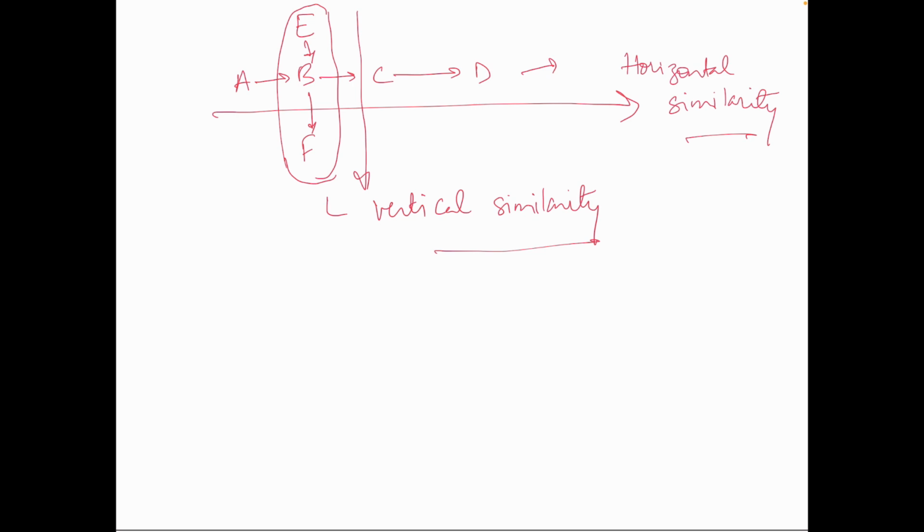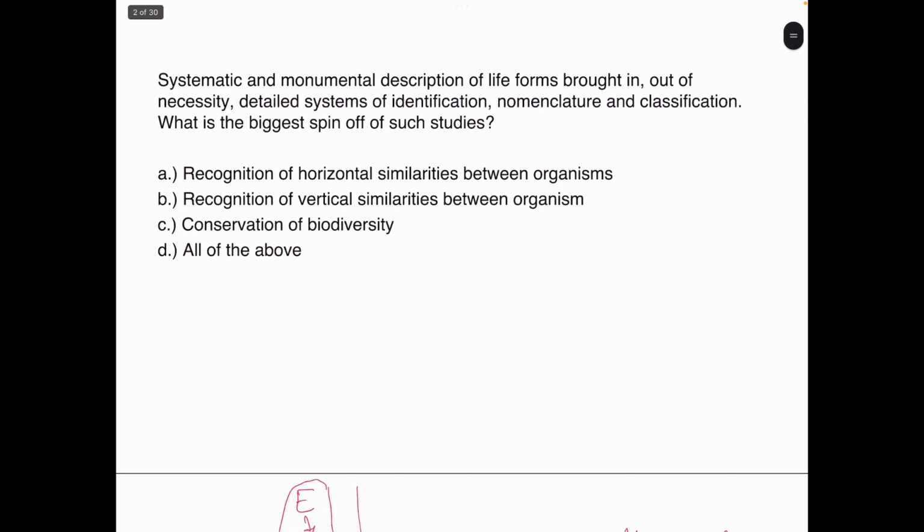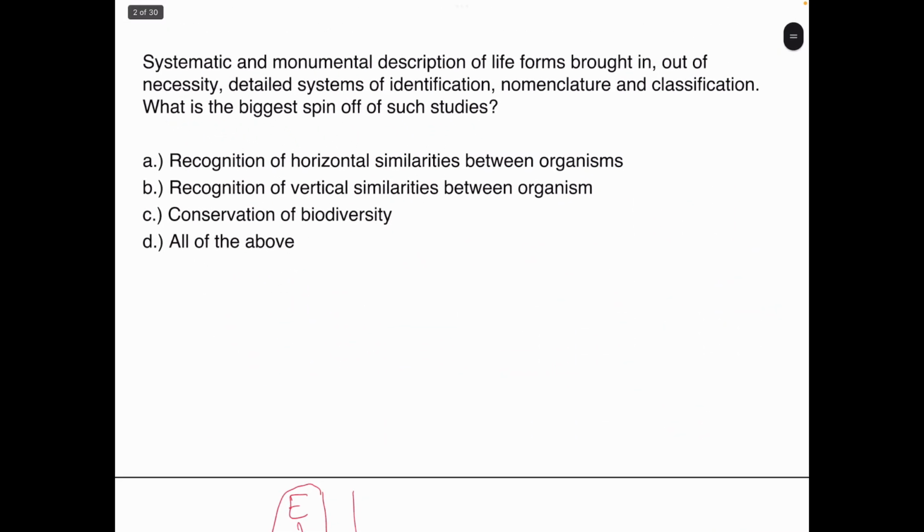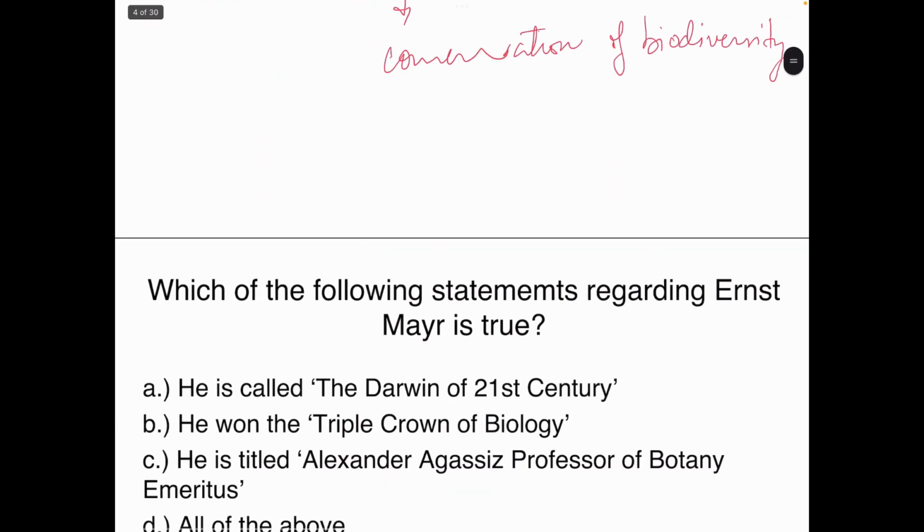Therefore he understood the concept of conservation of biodiversity. So moving back to our question, the answer here is all of the above. Clear? Okay, let's move towards the next question.